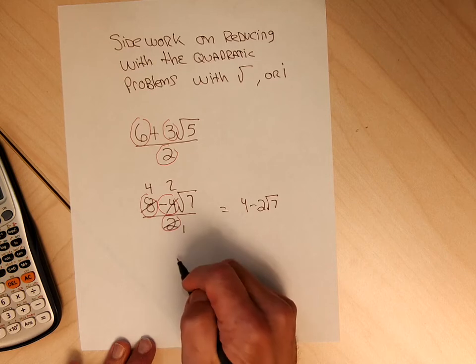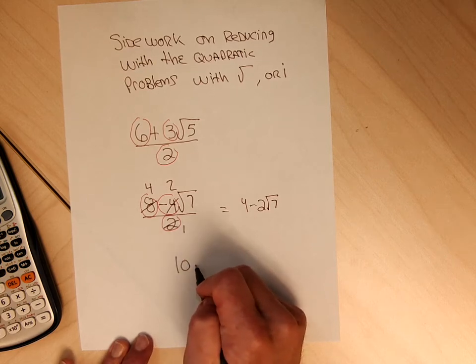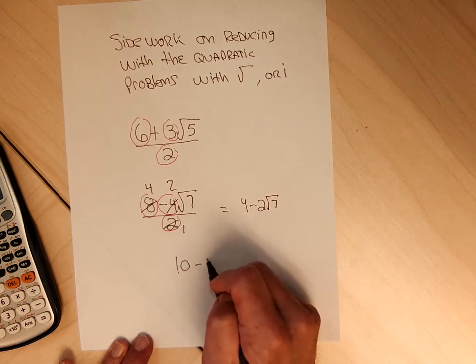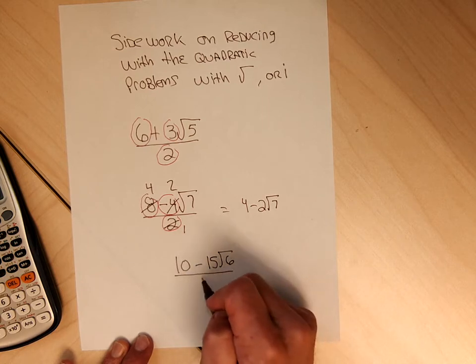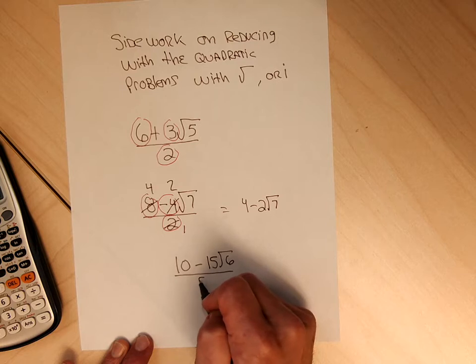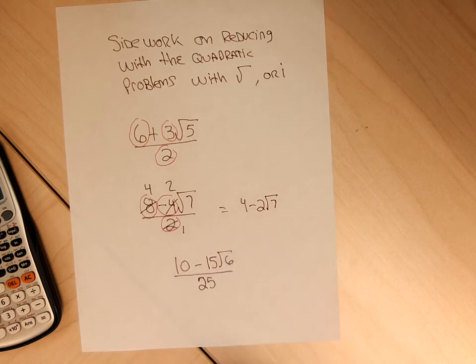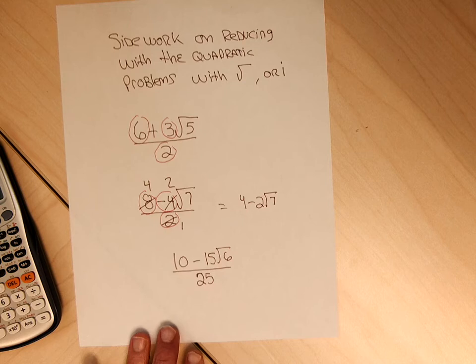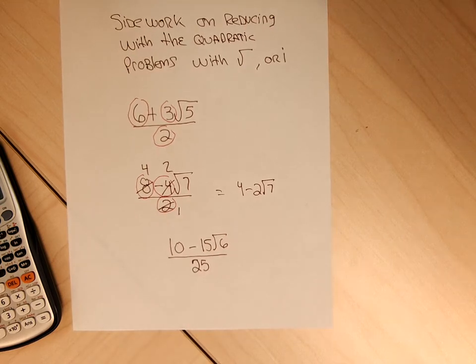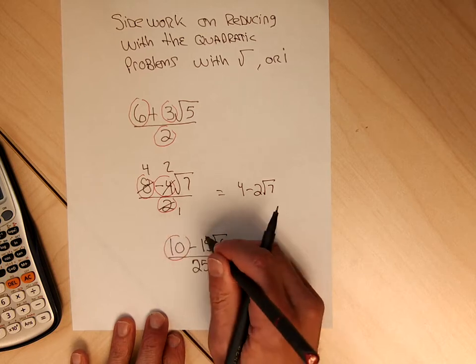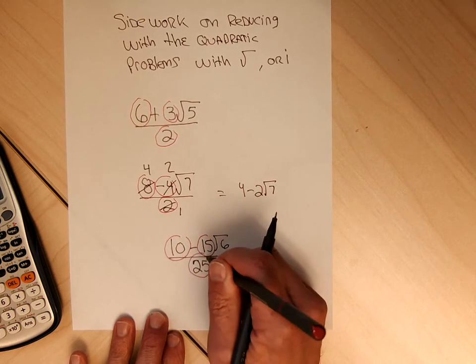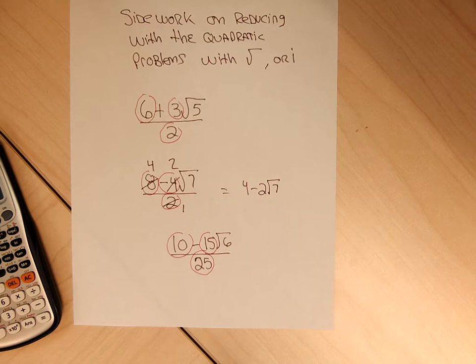Let me just write some more. If I did 10 minus 15 square root of 6 over 25, what I ask myself is, if there isn't an i in the numerator and there's a square root, we usually leave a big fraction as opposed to making two small fractions. If those three numbers are divisible by the same number, I divide them by that number.